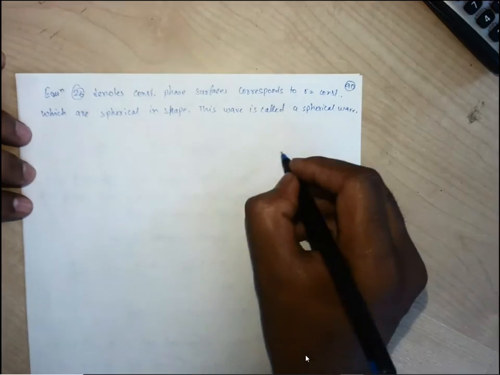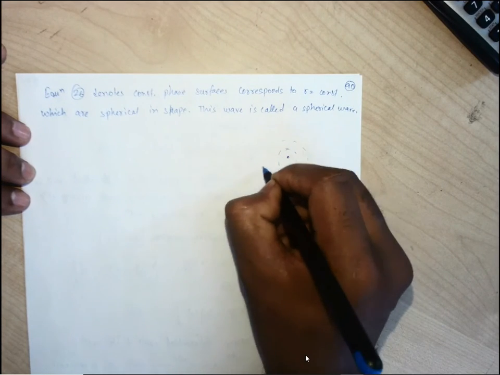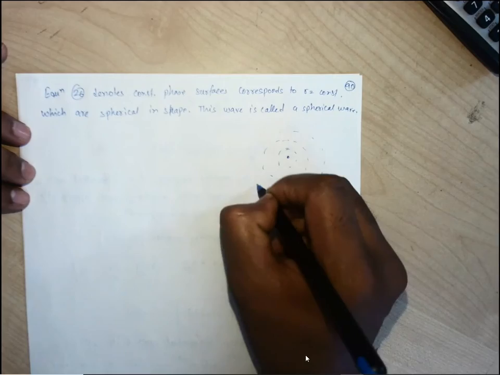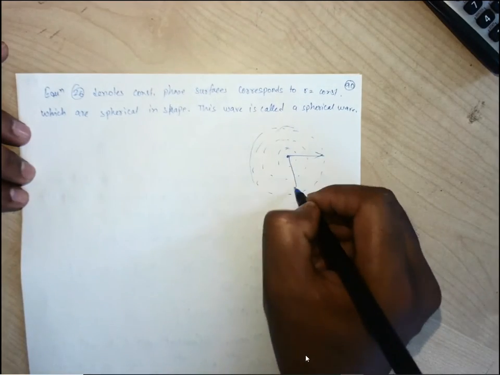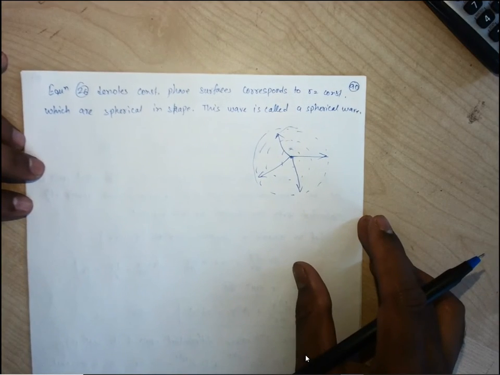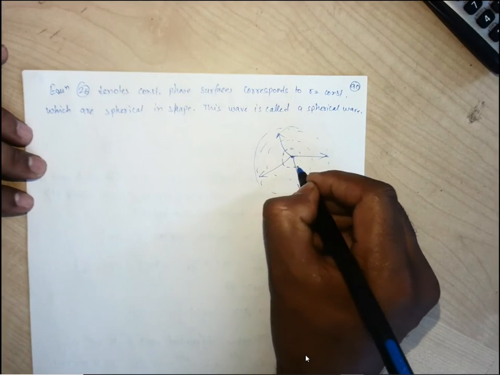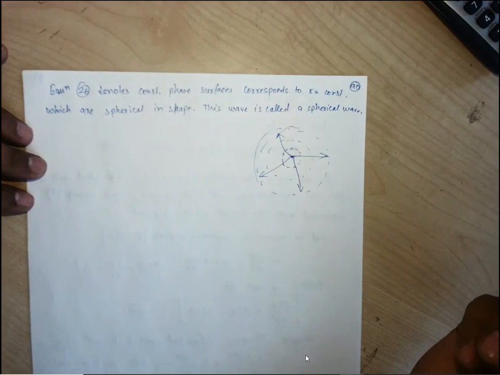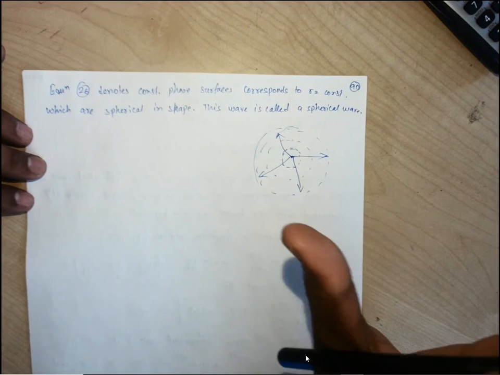So how does it look? It is the center, and around this you will have all the waves. It is radially outward. So you can consider some constant phase fronts for a spherical wave traveling radially outward, or something like a freely expanding balloon.